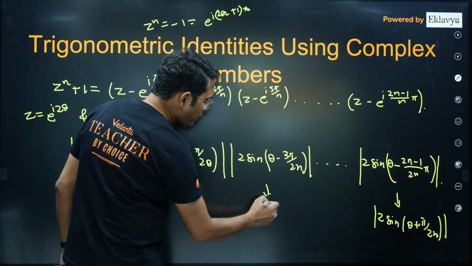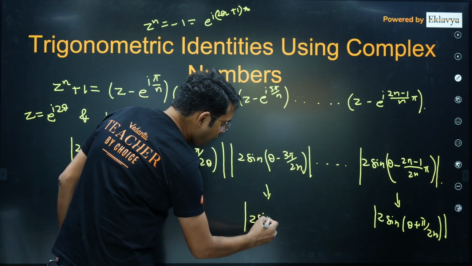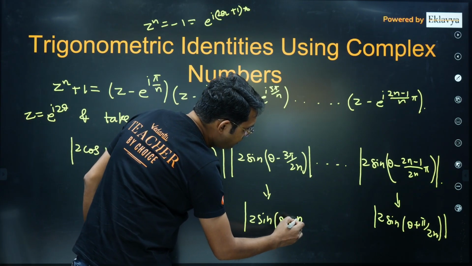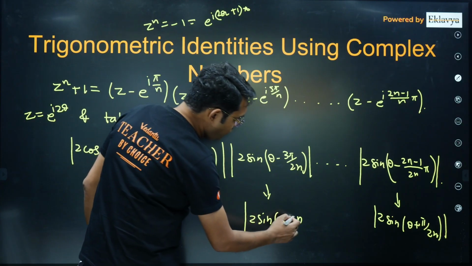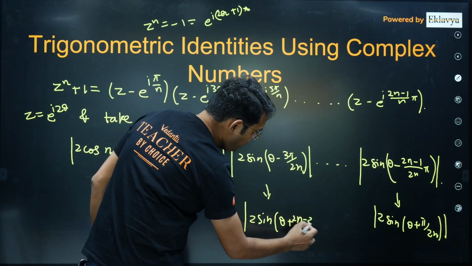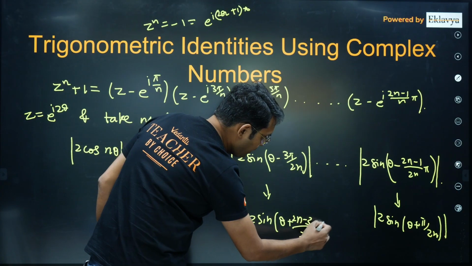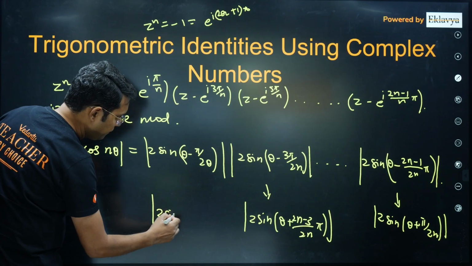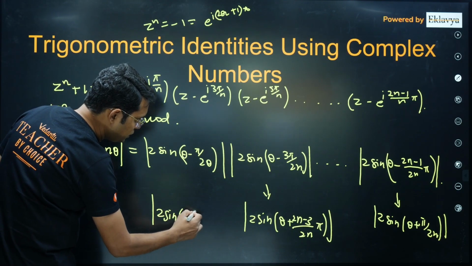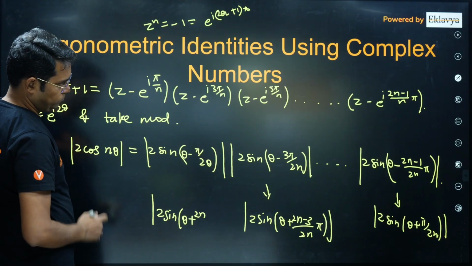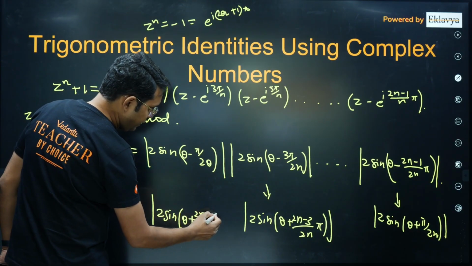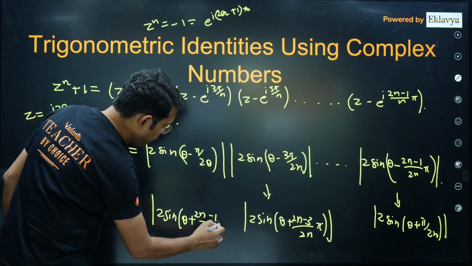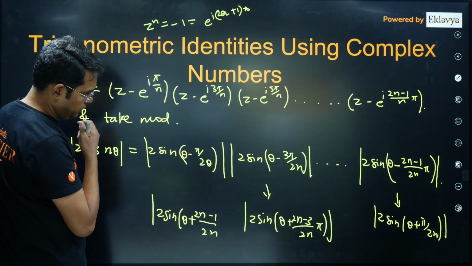Similarly, if you add pi here, it will be 2 sine theta plus, I think it will be pi, 2n minus 3 upon 2n into pi. This will be 2 sine theta plus 2n minus 1 upon 2n into pi. Wait, did I do something wrong?